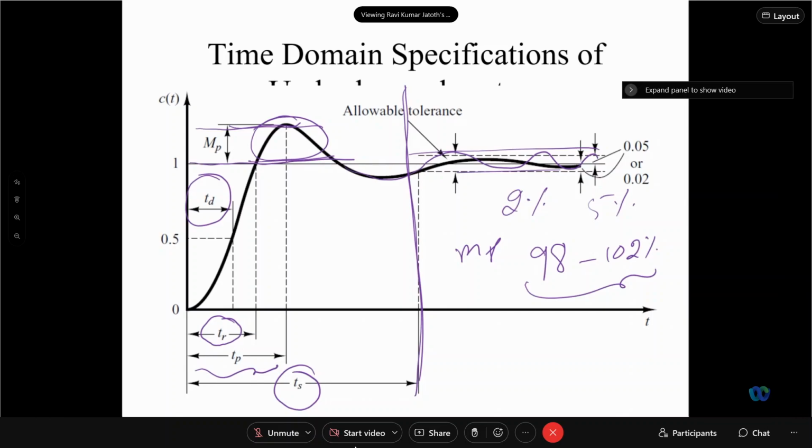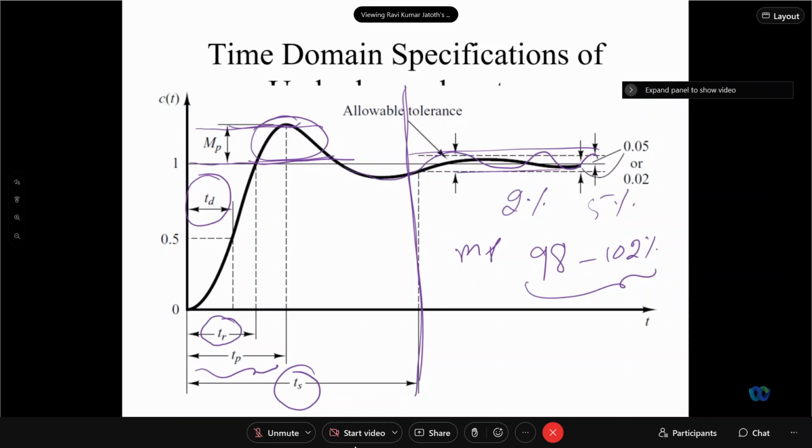Sir, I have one question. Overshoot is not desired, or is it? I didn't understand that. Yeah, we will explore this much more by taking different examples. Generally 5% of overshoot is what is allowed, not more than that. Okay, sir.